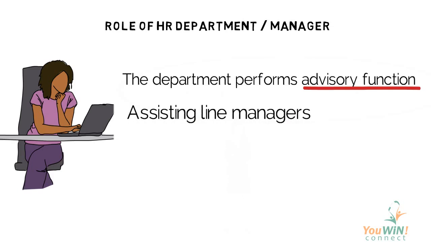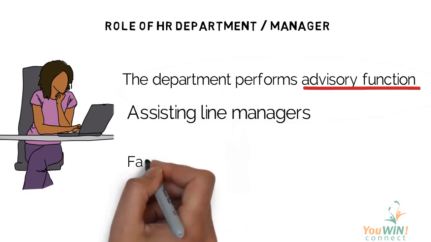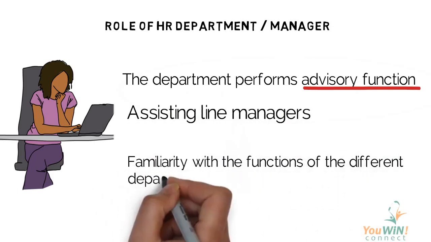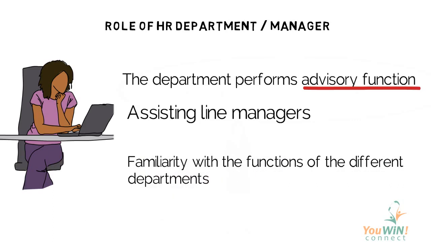Of course, we mustn't forget that HR cannot function well in any company without being familiar with the operations of all the departments. So that means that whoever is managing your HR, whoever is the head of your HR, they must know the operations of your organization.